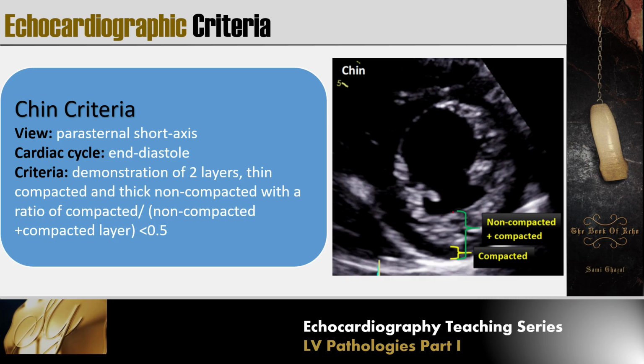The non-compacted layer along with the compacted layer should be more than double, or this compacted layer is less than half of everything, compacted and non-compacted. So if the compacted is less than half, then this is a positive criteria for non-compaction. Again, it is at end of diastole.